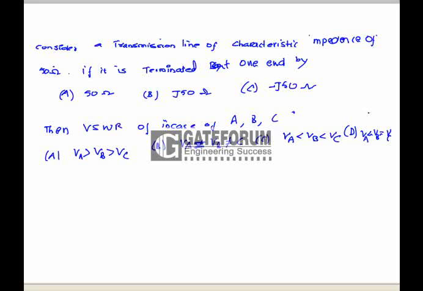Consider a transmission line of characteristic impedance 50 ohms terminated at one end by 50 ohms, j50 ohms, and capacitive reactance of 50 ohms. Then find the VSWR in cases A, B and C. VSWR depends upon the magnitude of the reflection coefficient: (1 plus rho) by (1 minus rho), where rho is (ZL minus Z0) by (ZL plus Z0).